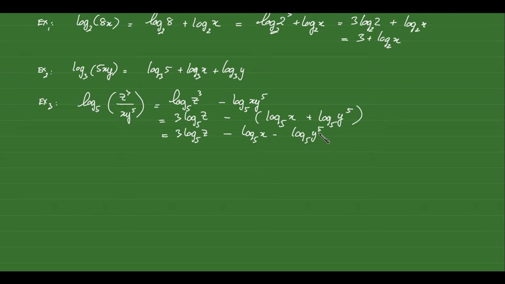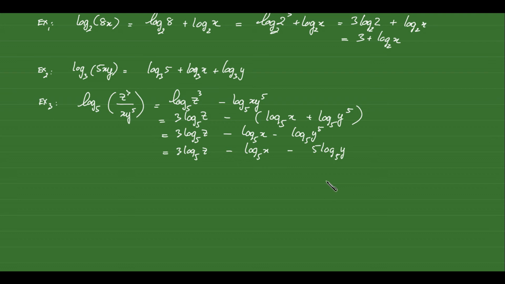Okay, and now the exponent over here you can drop to the front, so it becomes 3 log base phi of z minus log base phi of x minus 5 times log base phi of y. There you go. So this is how you break it down completely. There's nothing else we can break.